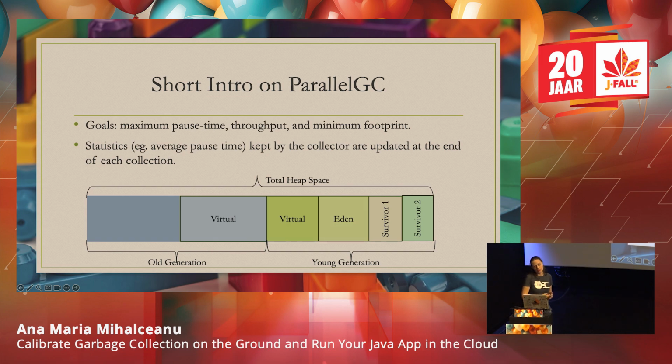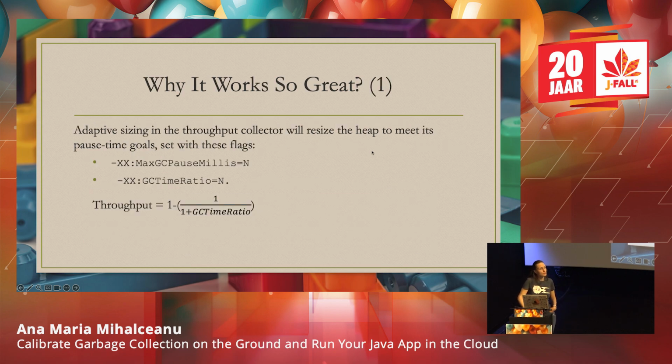And this collector is trying to meet some goals in a certain order. It tries to meet the maximum pause time goal first, then looks at the throughput, and then looks at the footprint goal. So it has three goals that it looks at all the time to adjust them. Why it works so great by default is because of this way of working and adapting its goals.